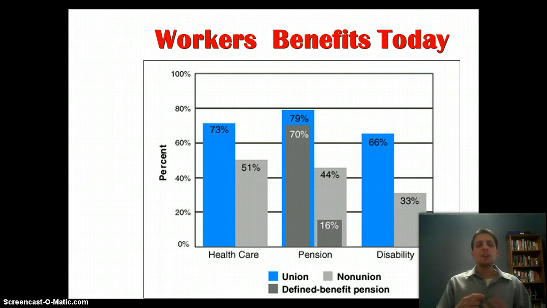A couple of you brought up the examples of Walmart and Target in school today, which do not have labor unions. If you work in an environment like that, it's not as bad as in the late 1800s, because there are laws prohibiting certain treatments, but you're not going to get the benefits that people who are part of a labor union get.